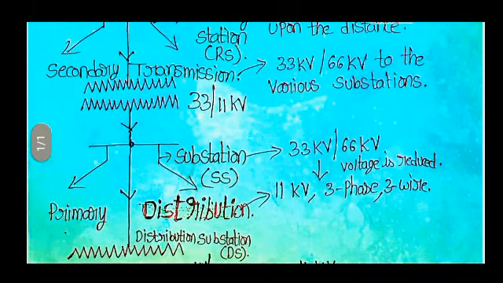If we talk about the primary distribution lines, the secondary transmission line terminates at the substation, where the voltage is reduced from 33 kV or 66 kV to 11 kV, that is 3-phase 3-wire. This 11 kV is supplied to the bulk industries and also runs along the important roadsides of the city.